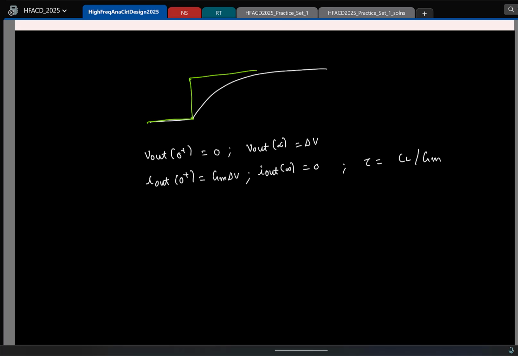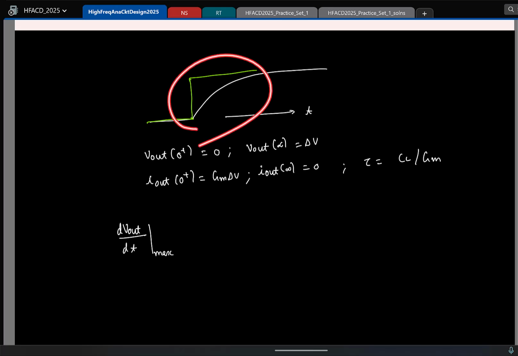So now that we know that with an OTA the output is only going to charge slowly, we have a metric to quantify how fast this is responding, and the way we look at it is to observe what is the maximum rate at which the output can rise. Again, this is time.